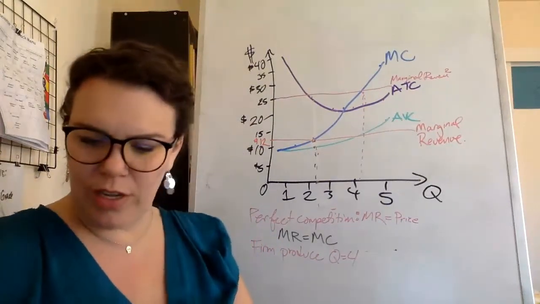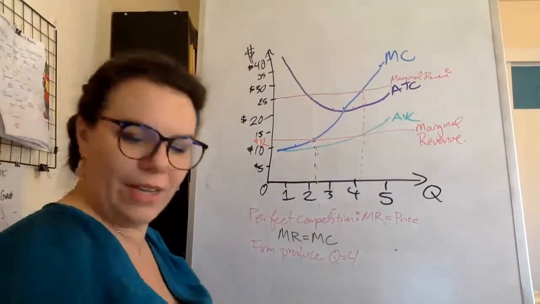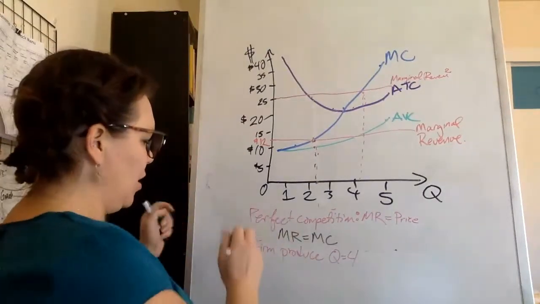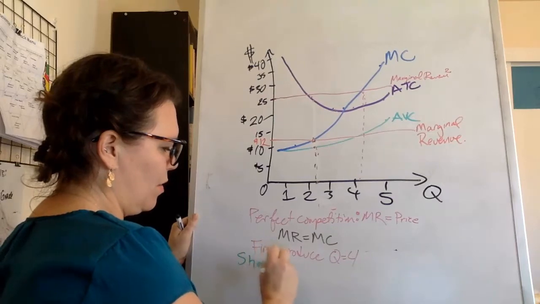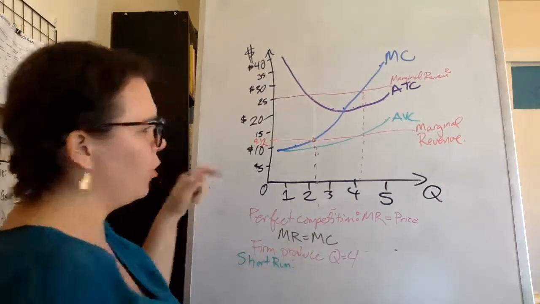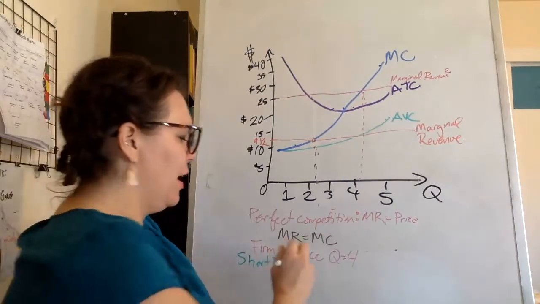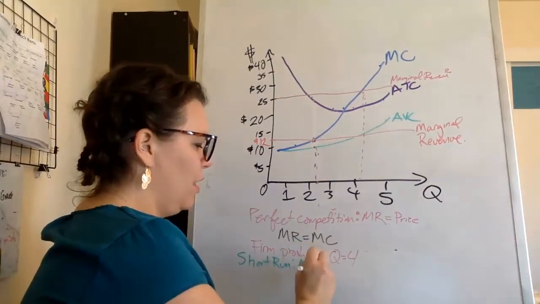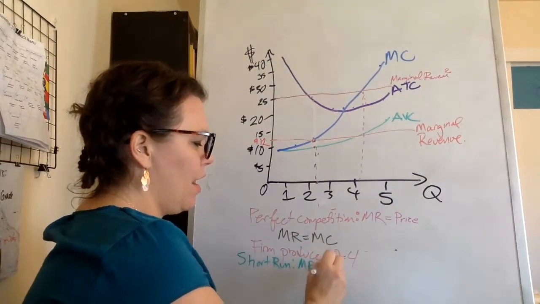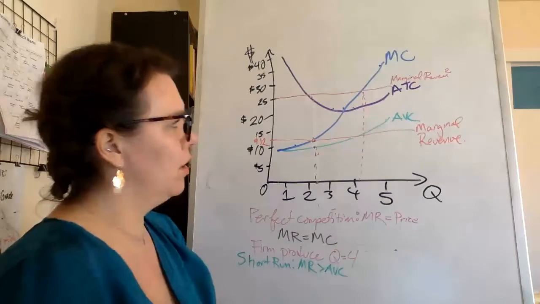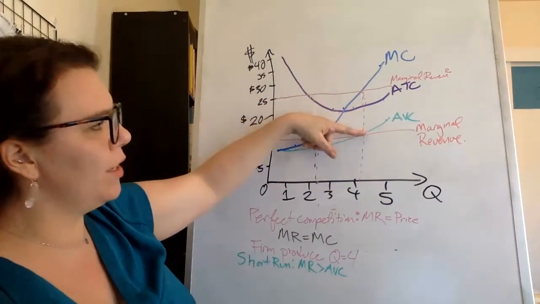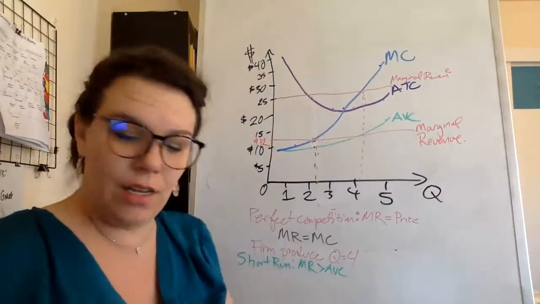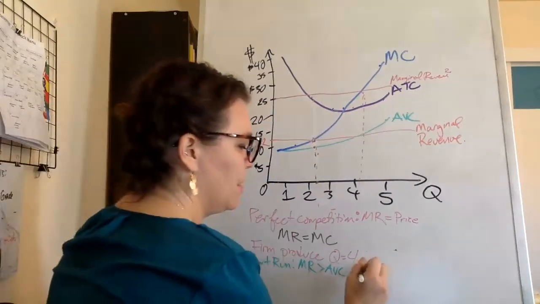In the short run, we want to consider the average variable cost curve. So in the short run, would the firm produce? The firm will produce if marginal revenue is greater than average variable cost. And we can see at a price of $25, marginal revenue is greater than average variable cost by a lot. So the firm will stay in business in the short run.